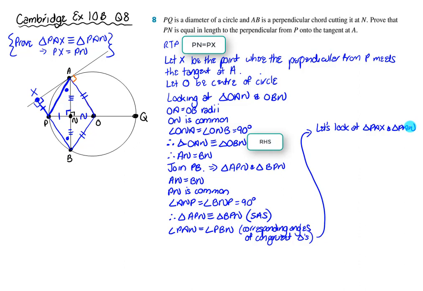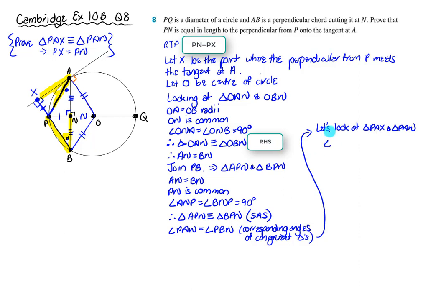Okay, and this is where the alternate segment theorem comes in. If you look at it, you have got angle PBN. So this angle here has to equal angle PAX. And that's because of that alternate segment theorem.